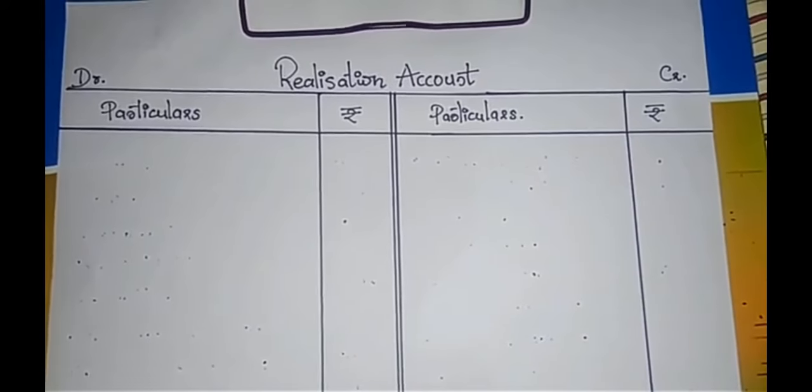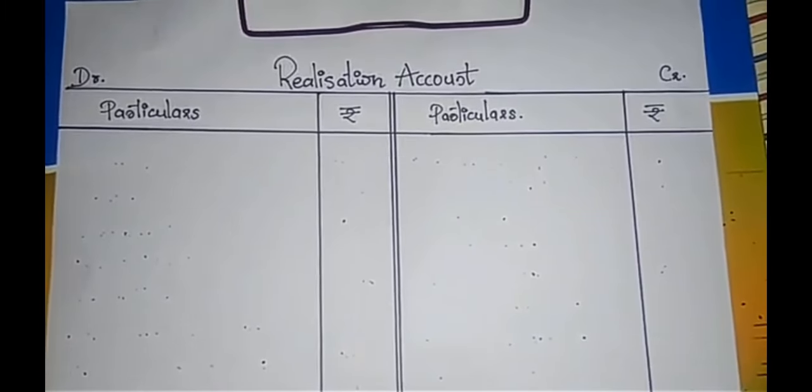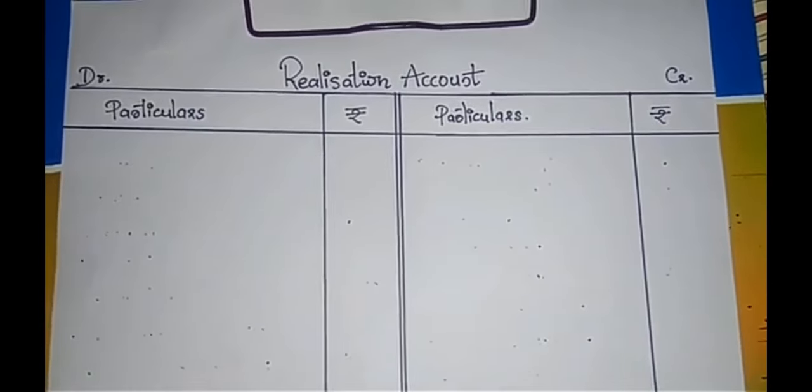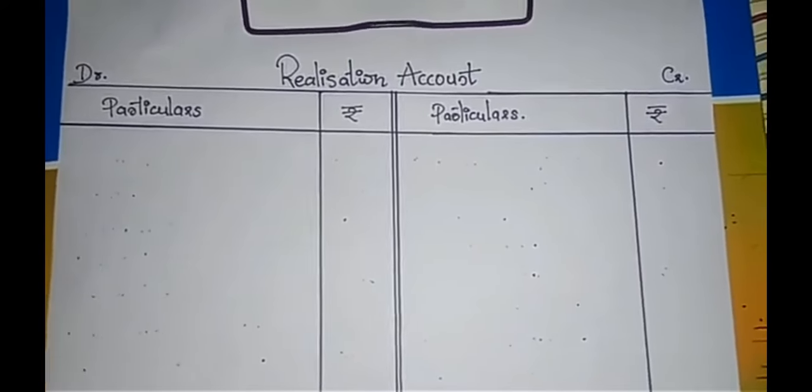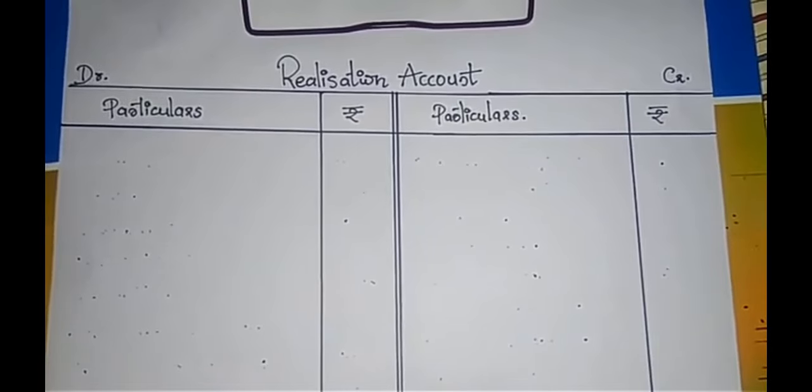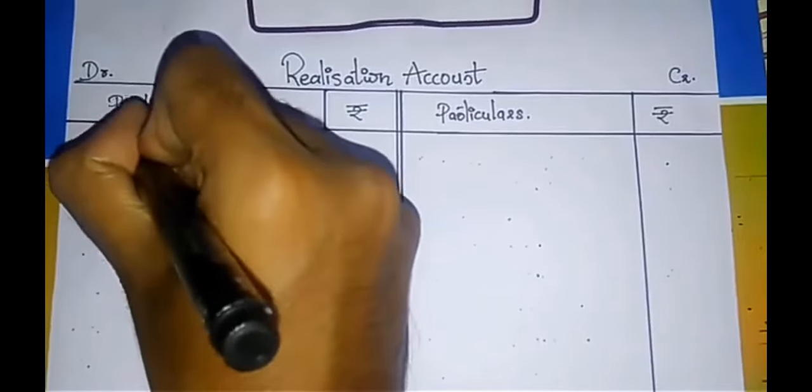In the realization account, first we write all the assets in the debit side and all the liabilities in the credit side. We don't write cash at bank and fictitious assets in the debit side of the realization account. First I am going to write all the assets in the balance sheet to the debit side of the realization account. First item is goodwill rupees 10,000.